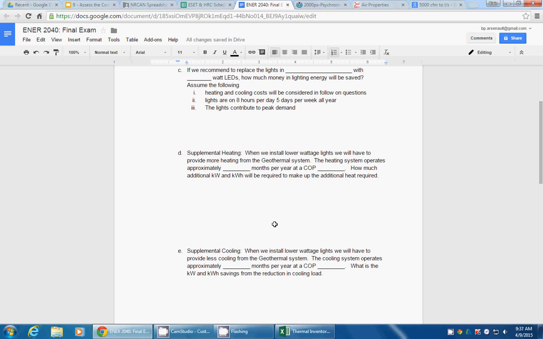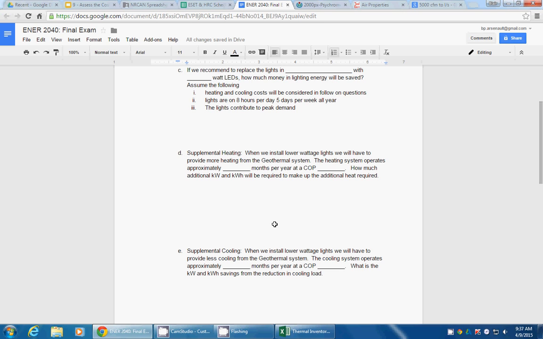It needs to make up that 3 kilowatts. So assume that if the COP of the heating system is 3, then it takes 1 kilowatt from the heat pump to make 3 kilowatts. Okay, but from the demand perspective, the kilowatt hours I think is easy, but the demand is a little bit fuzzy.